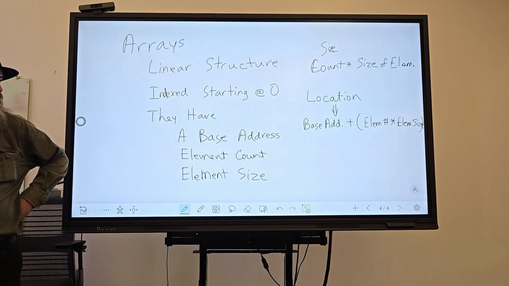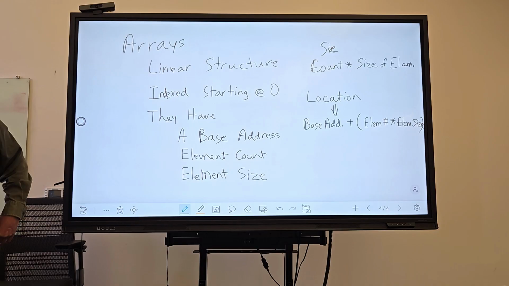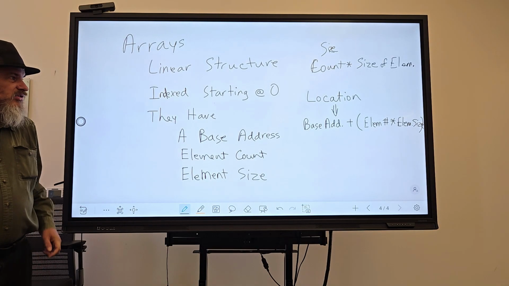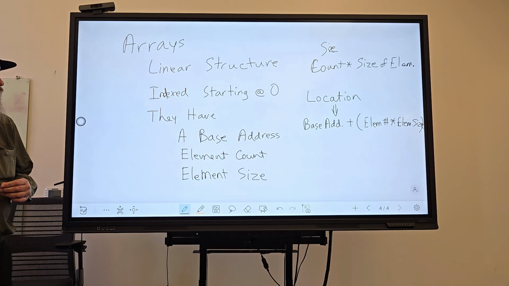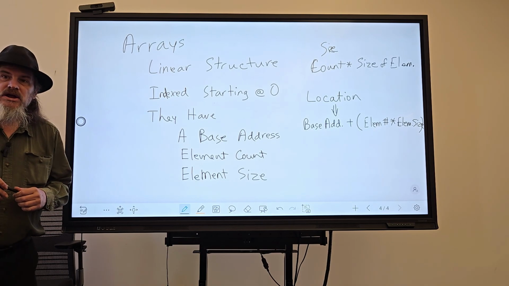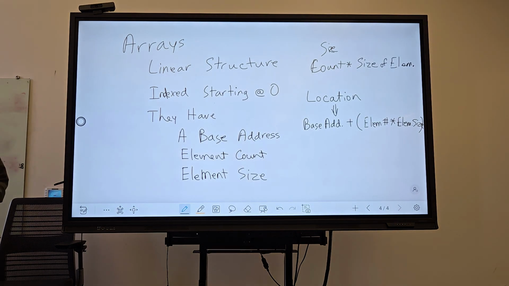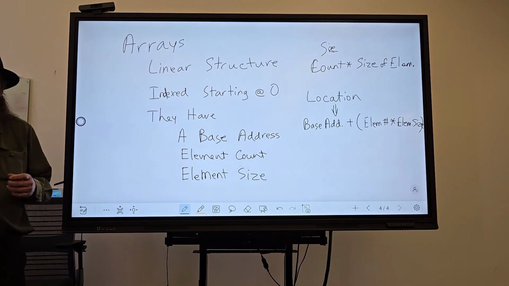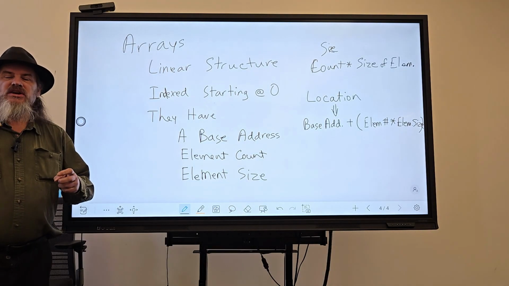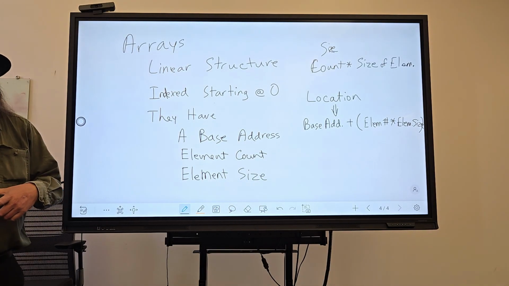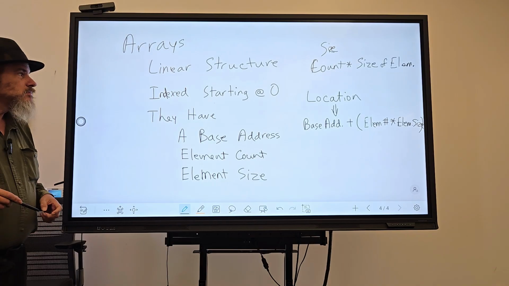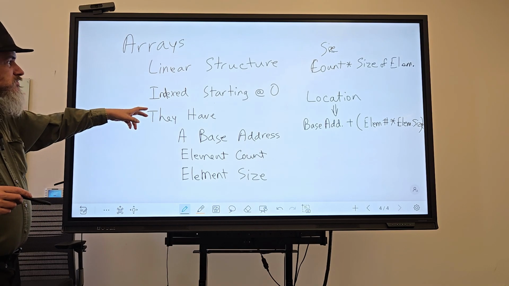That is how they work so quickly, as opposed to a list or stack, which we won't get into lists, but we'll get into stacks. With those, you have to go through each element from the beginning to get to the element that you need. Arrays are much quicker.